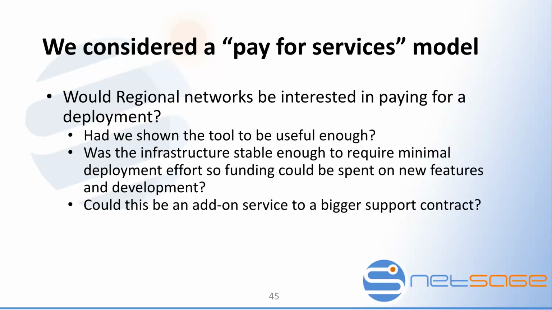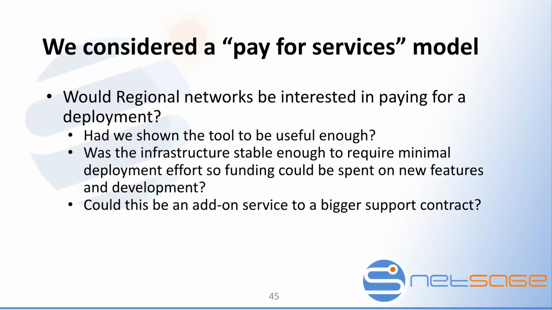We considered a bunch of different models. The one that we really had hoped might work when I was at IU was a pay-for-services model. IU had a big network support operation called the Global NOC, the Global Network Operations Center. And they worked with many of the regional networks and campus networks in the US to help run the network, to make sure that data was flowing and routers were kept up to date and all of these things.